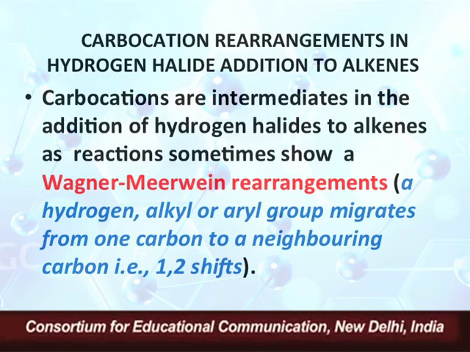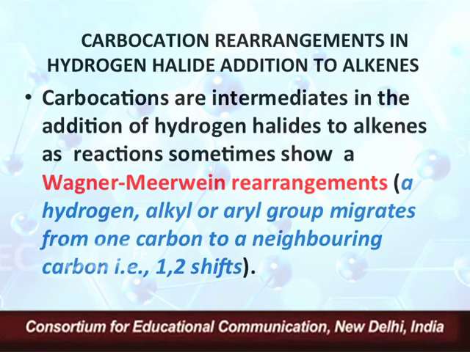Now, that carbocations are formed as intermediates in electrophilic addition reactions can also be proved by the fact that in some reactions carbocations undergo rearrangements when halogen halides are added to alkenes.